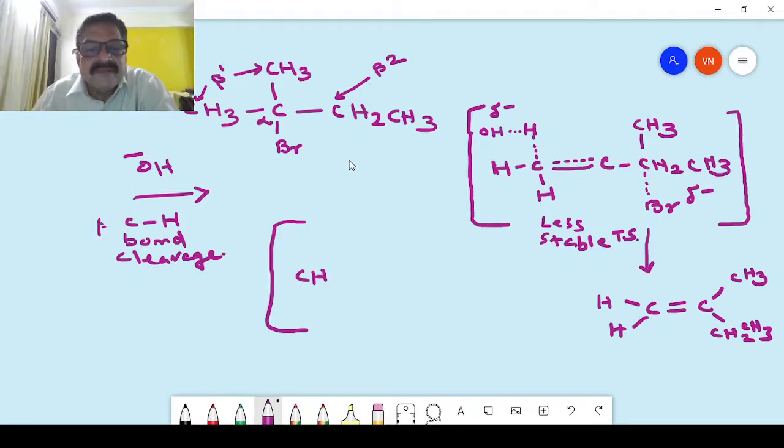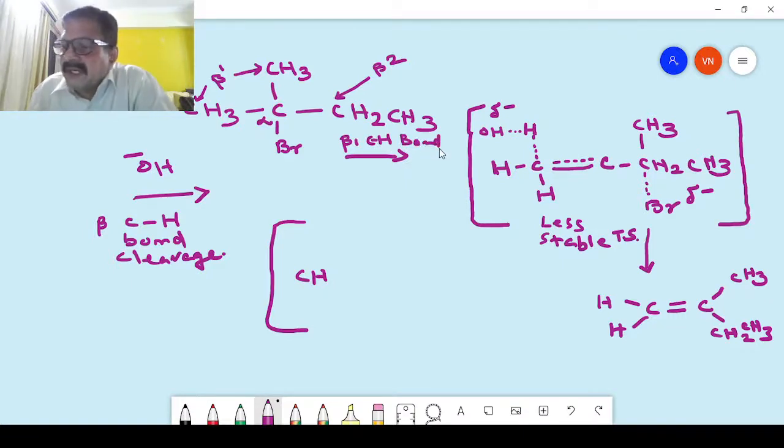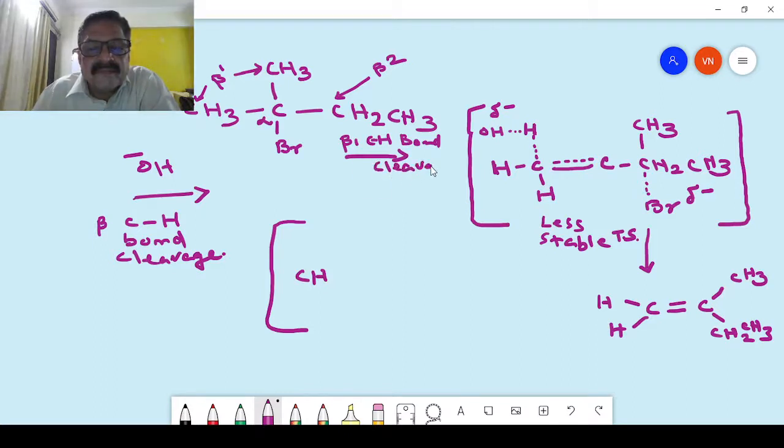So this is the beta 1 CH bond cleavage transition state, and the second one will be beta 2.